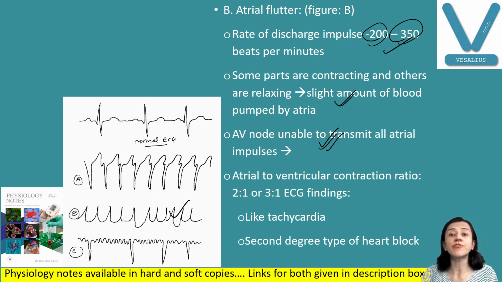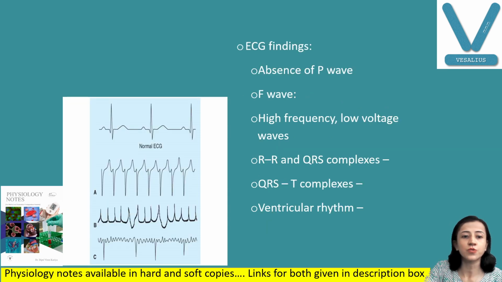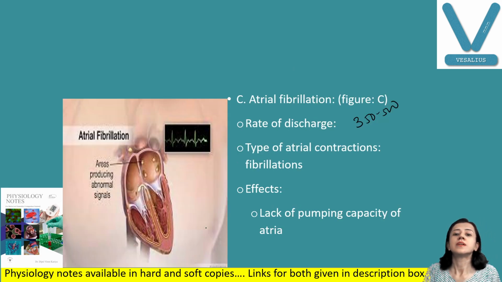Then third is atrial fibrillation. Here the rate of discharge increases again, 350 to 500. This is in figure C, you can see here. In atrial fibrillation there is irregular oscillation of the impulses, and that produces F waves, fibrillating waves.